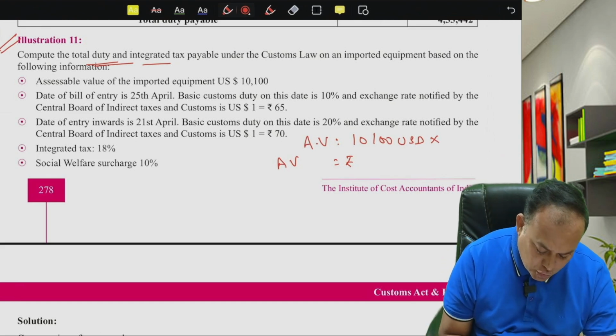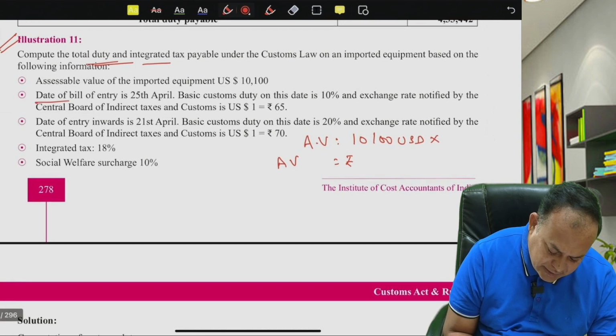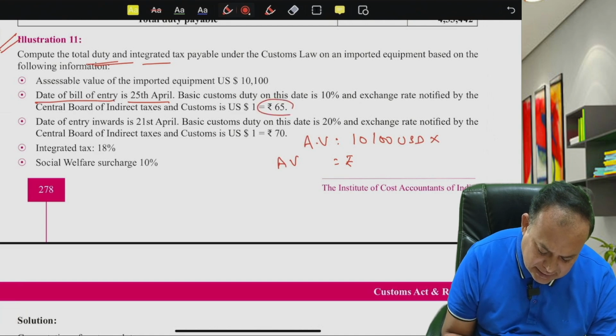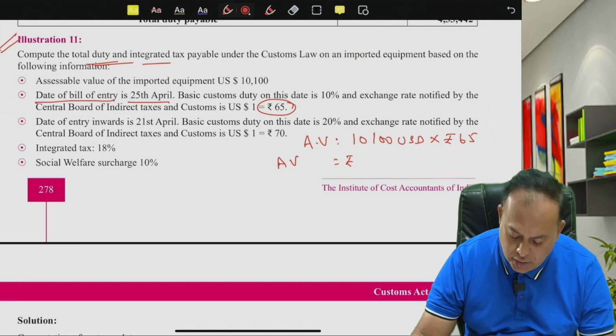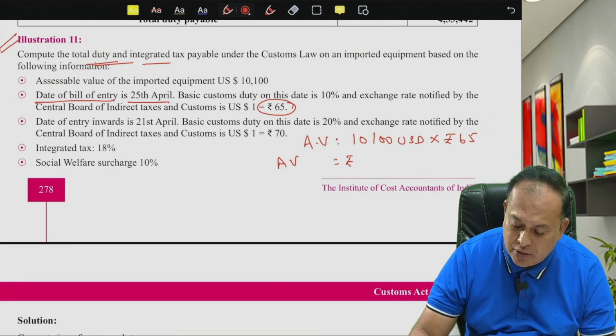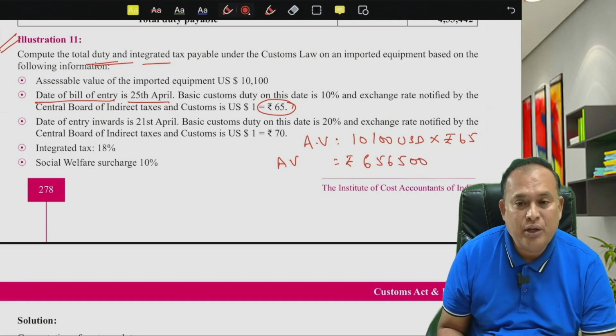The bill of entry is submitted on 25th April. As on that date, the exchange rate of CBIC is 65 rupees. Therefore, it is relevant. So 10,100 into 65 rupees is equal to 6,56,500, the assessable value in Indian rupees.